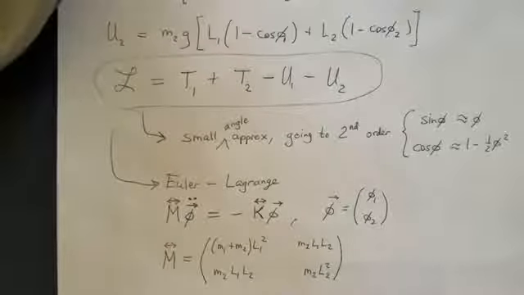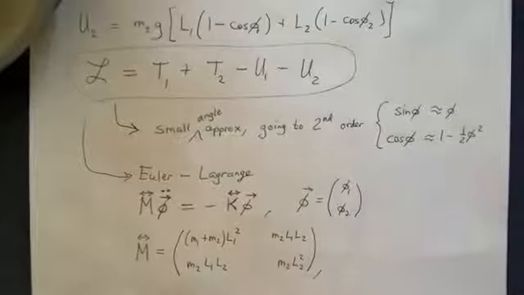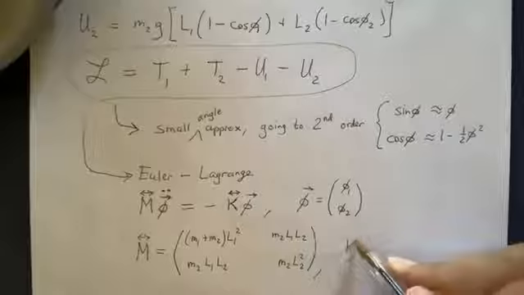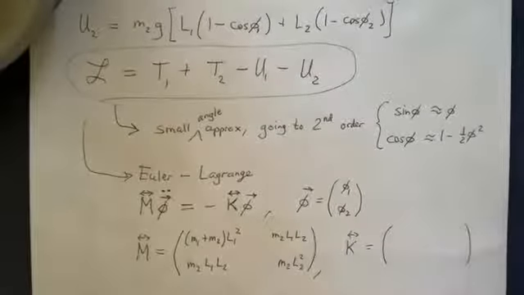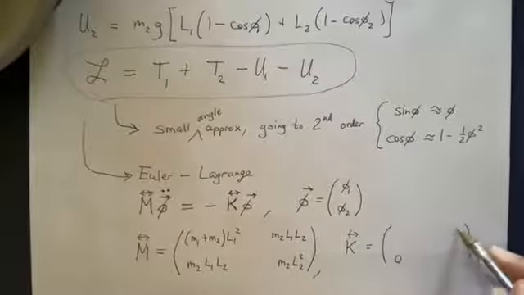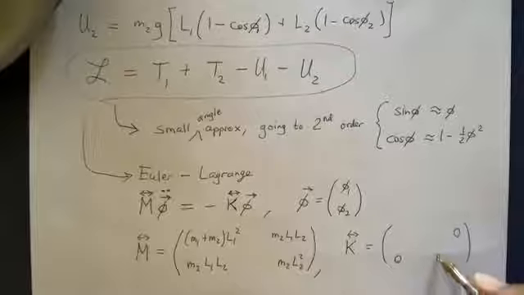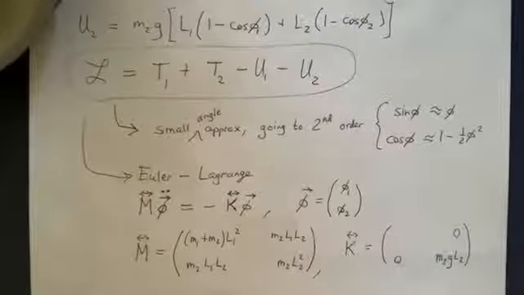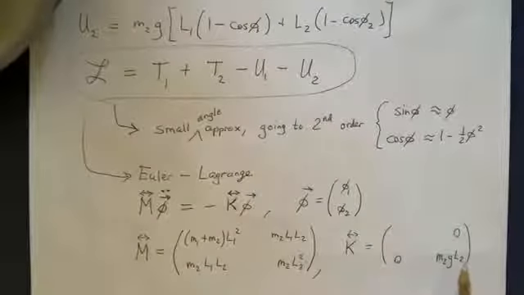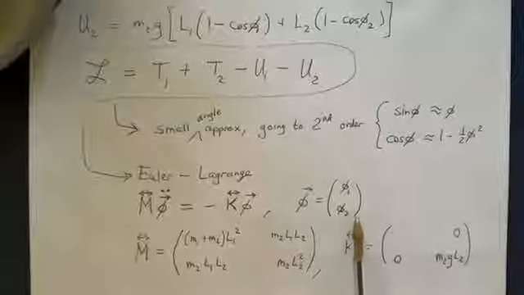Now, remarkably, the K matrix that we basically got from the potential has no off-diagonal elements. There's a 0 and a 0. In the lower right, we got the M2GL2. Now notice this does not have the dimensions of a spring constant as we had earlier, and the reason is we have angular variables.